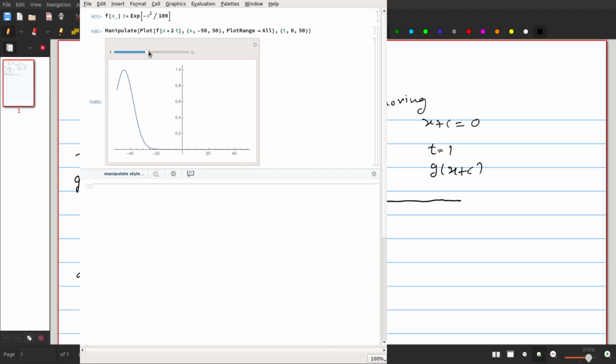So for half the value of t, around t equal to 25, this graph has fully shifted to the left, while initially when we had x + t, in order for this graph to reach its leftmost position, we need to take t to a value of around 50. So this is the left moving wave, f(x + t), and f(x - t) is the right moving wave.